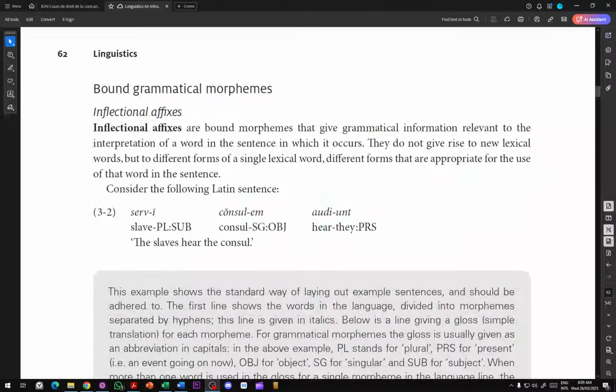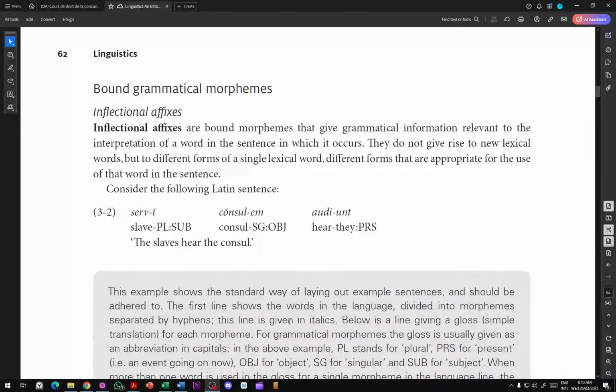Inflectional affixes are bound morphemes that give grammatical information relevant to the interpretation of a word in the sentence in which it occurs.